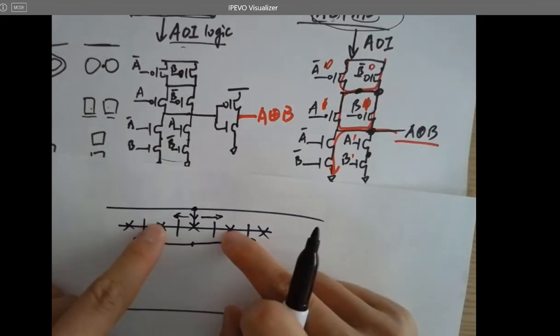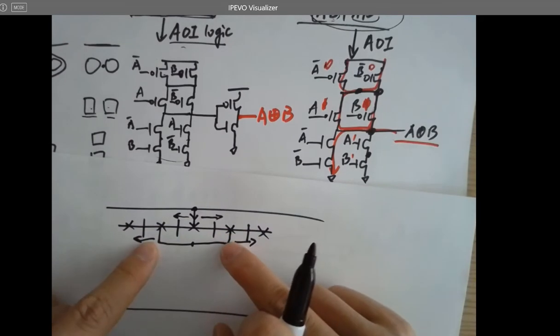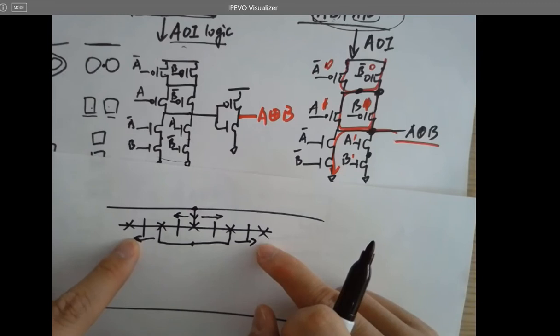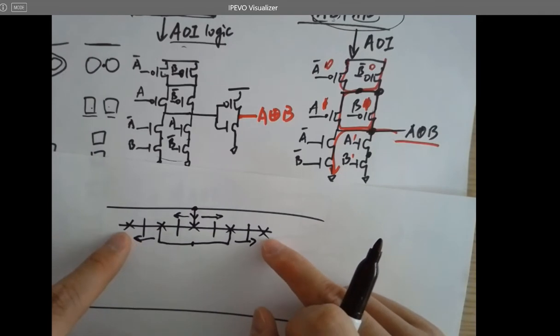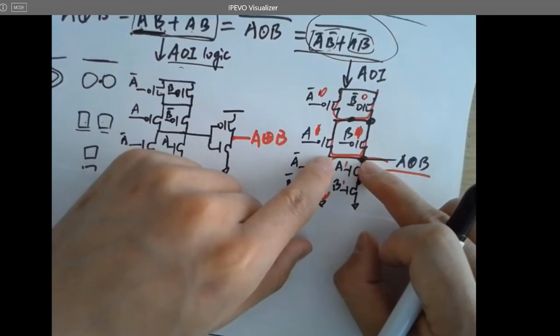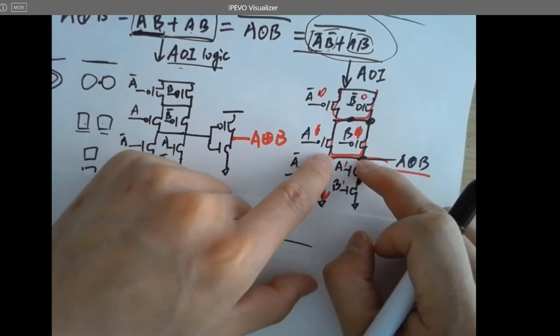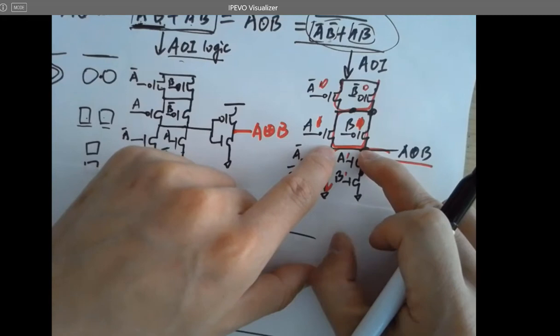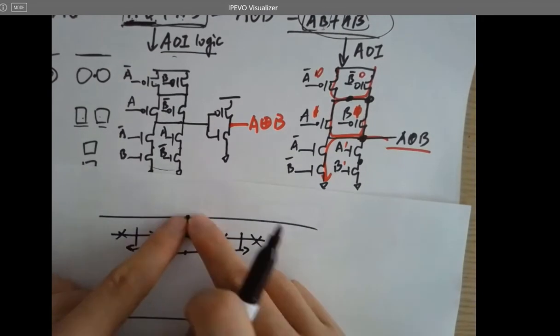You can imagine these two points as one point, and the current is split into two branches and flows left and right in these two directions through these two PMOSes. And eventually reaches here, and eventually reaches here. And according to the schematic, this place is also one point. So how can I implement it here in the layout?